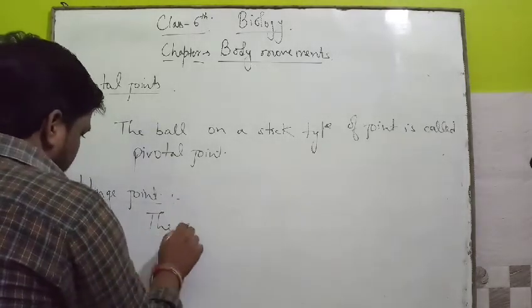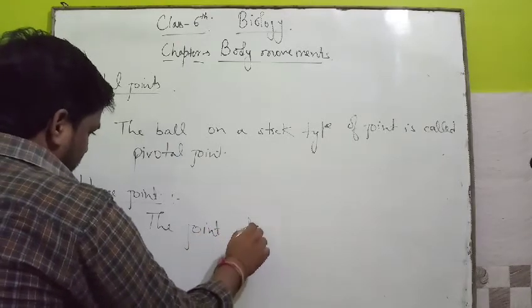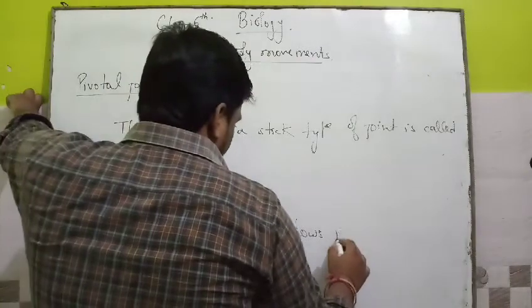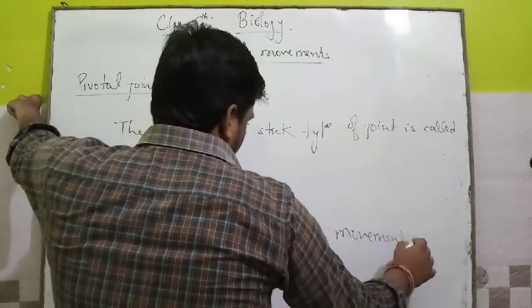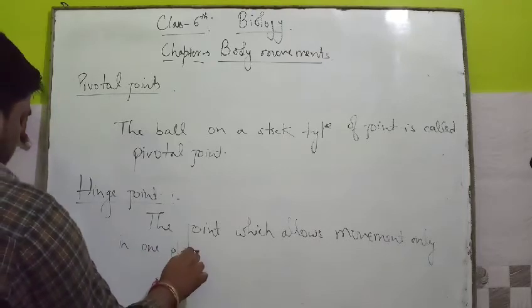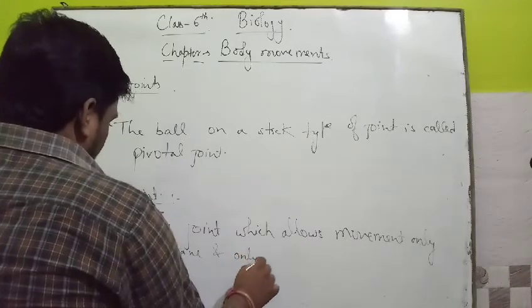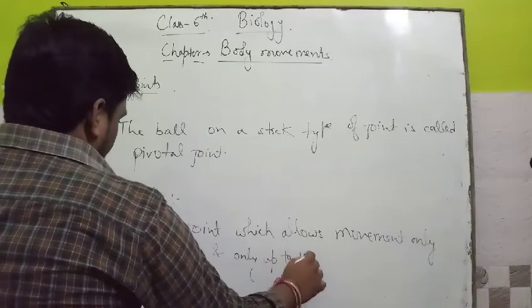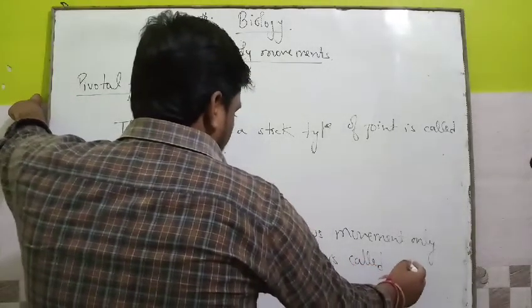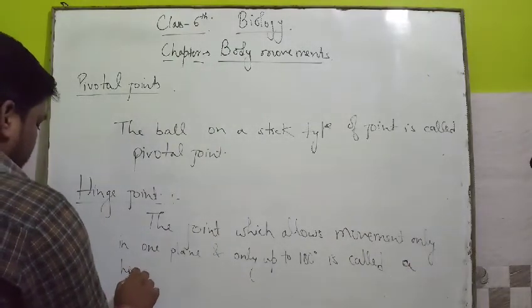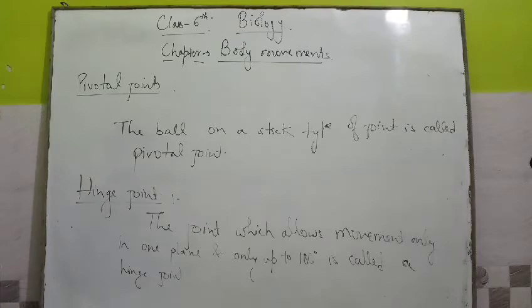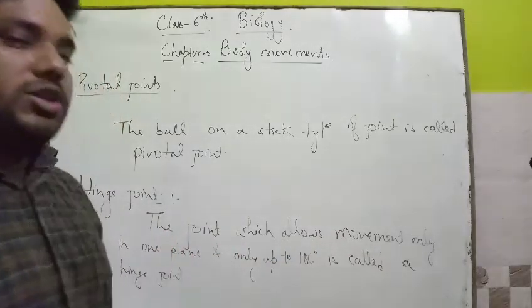The joint which allows movement only in one plane and only up to 180 degrees is called a hinge joint. Clear?